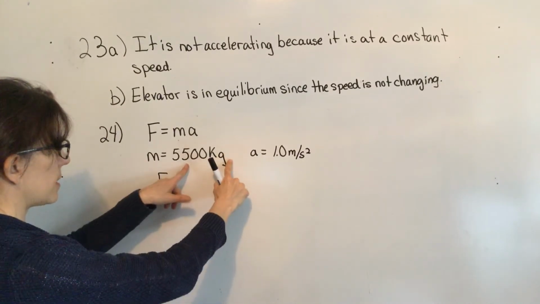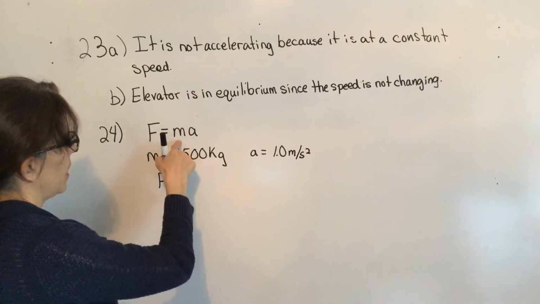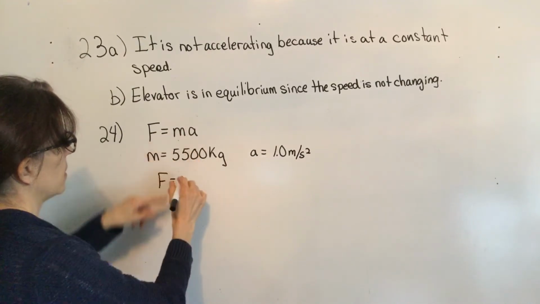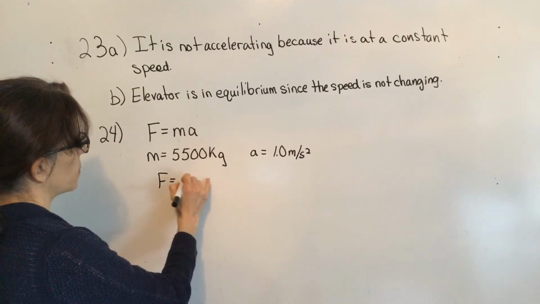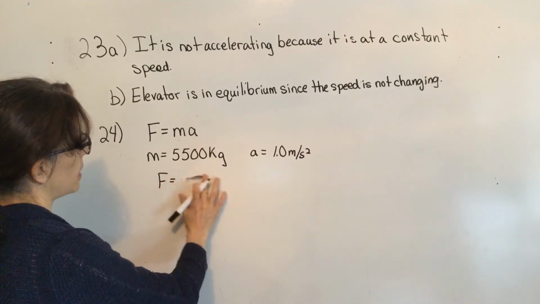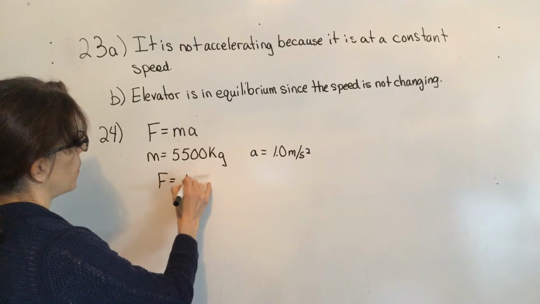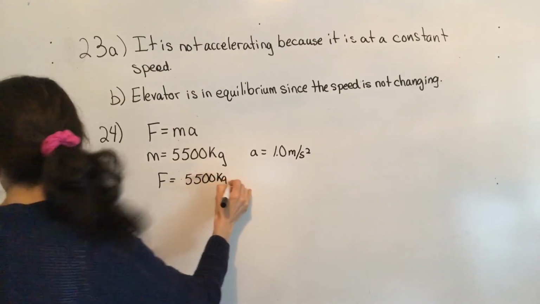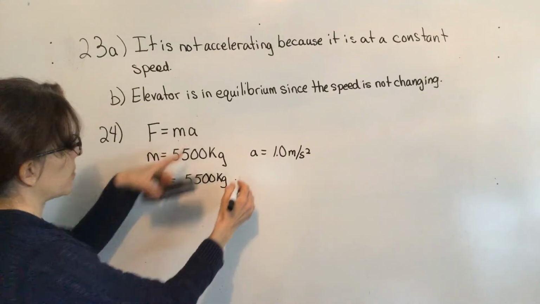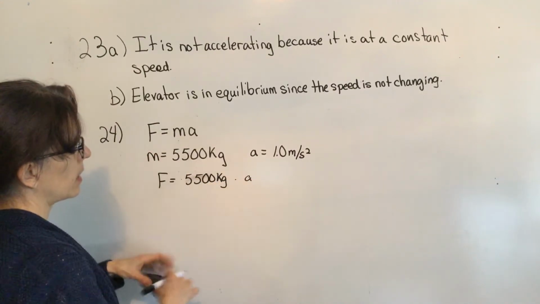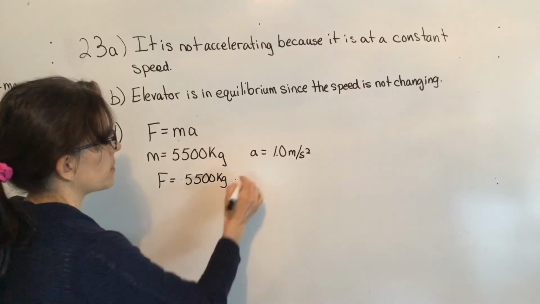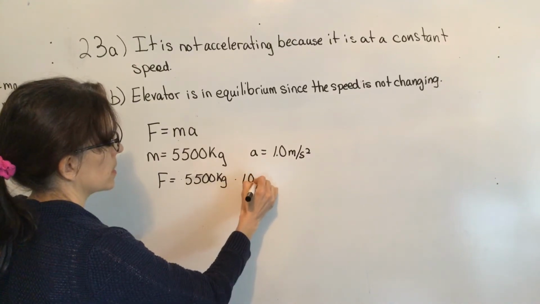Then we're going to do what's called plug and chug. I'm going to take this number here and put it in place of the m. So I'm moving this to the m, right? I'm going to erase m and put 5,500 kilograms, right? And in place of a, A is equal to 1 meter per second squared, so I can just replace it with the number.